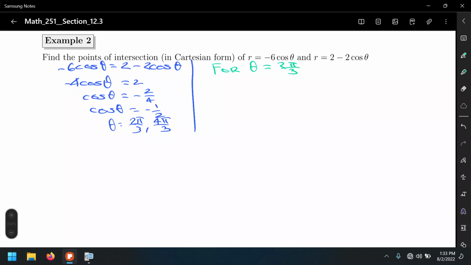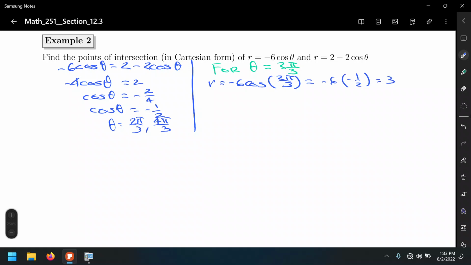So r equals -6 cosine of 2 pi over 3, and cosine of 2 pi over 3 we already got. It's -1/2, isn't it? We got that from solving the equation. So that's -6 times -1/2, which is +3.